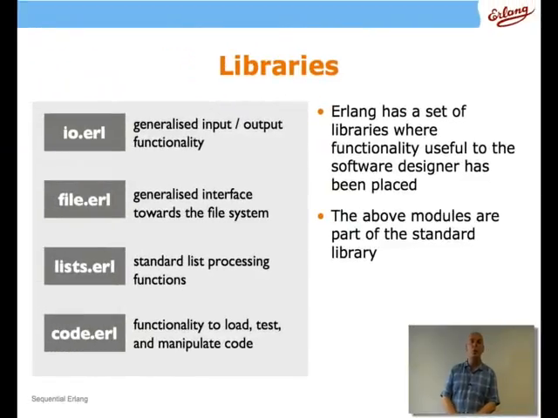So we talked about the built-in functions which conventionally live in the erlang module. What we're going to talk about now are some of the libraries which Erlang provides. 4 very important ones are listed here. io.erl gives a collection of functions which provide input-output functionality, reading characters, reading lines, and so on. io:format is traditionally the function that's used for producing textual output from Erlang programs. files.erl gives an interface towards the file system, allowing you to interact with the file system programmatically. lists.erl is a collection of a huge number of standard list processing functions.